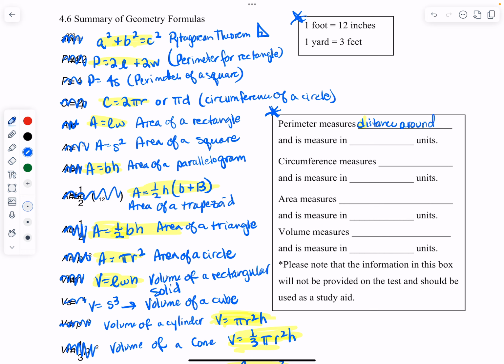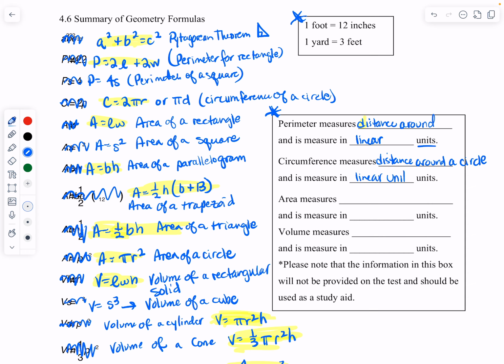The other thing that you need to know is perimeter measures the distance around an object and is measured in linear units. And that just means like whatever the unit is, like meters, centimeters, etc. Circumference measures the distance around a circle and is measured in linear units.